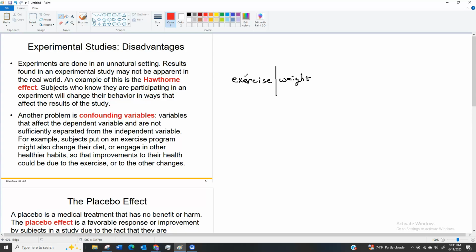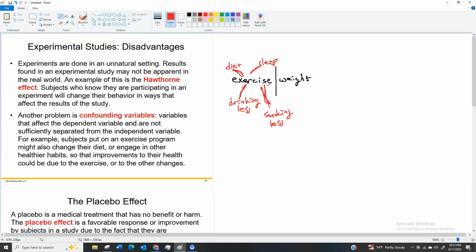But connected to this exercise is also the diet, is also sleep. Maybe they are drinking less. Maybe they're smoking less or stop smoking. So all these things are kind of connected to the exercise, and yet they could also affect the weight.